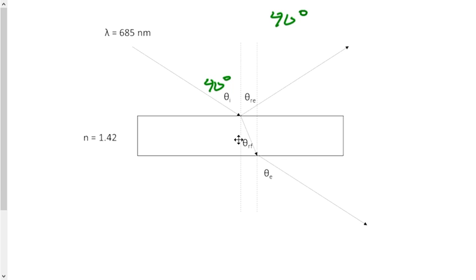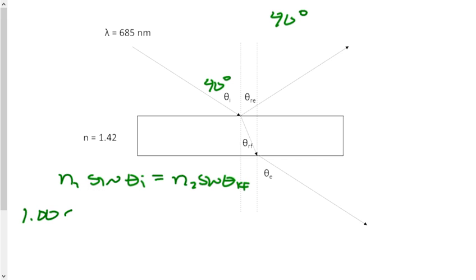Now, how do we calculate the angle inside, the angle of refraction? Well, we measure everything from the normal, and that's what we're doing here. So we have this 40 degrees here and this 40 degrees here. So we're going to use Snell's law. N1 sine of theta incident is going to equal N2 sine of theta refracted. Well, we're coming from air, so we're going to have a 1.00 initially.